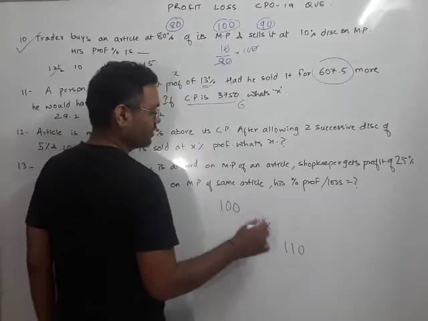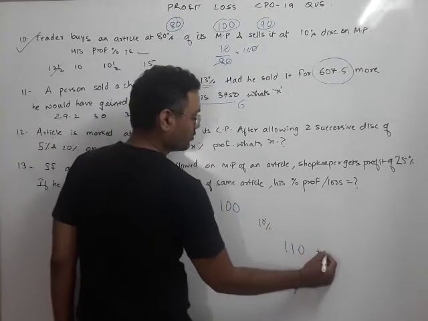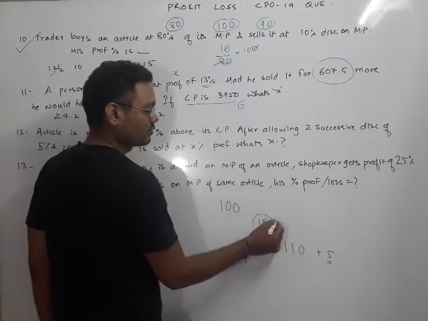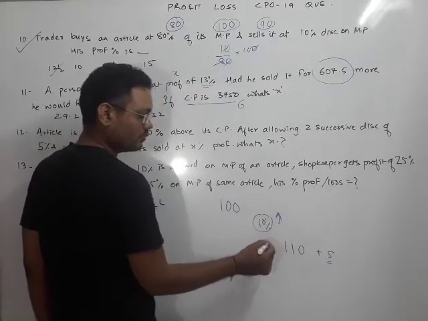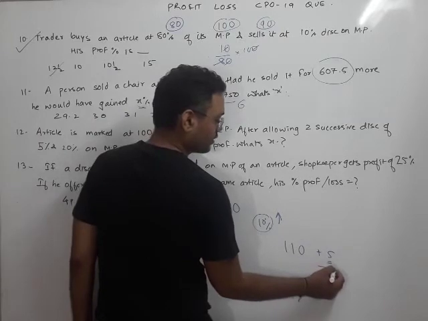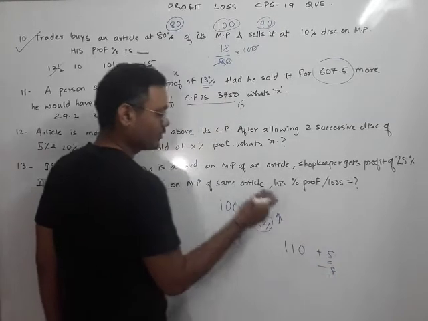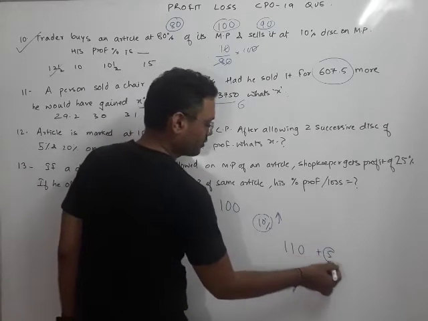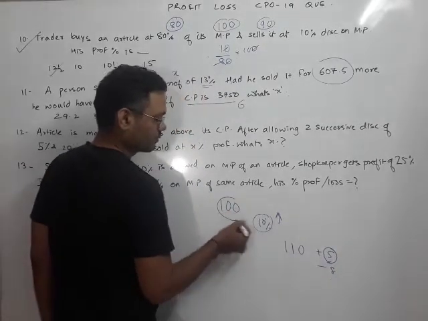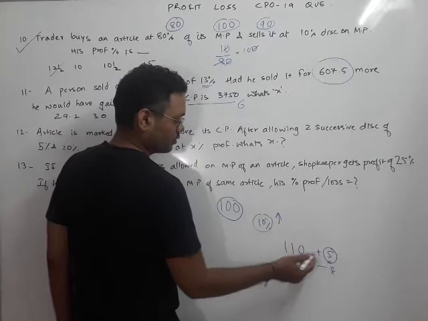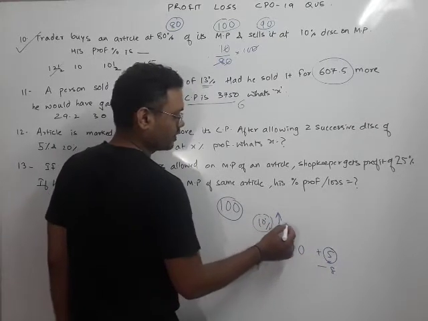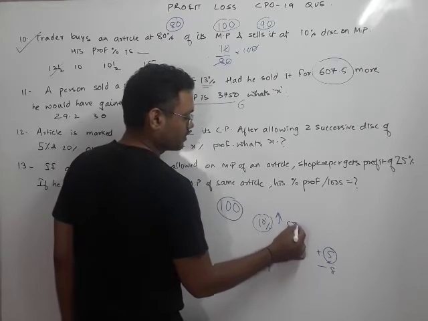Someone is saying if I would have sold it at 5 rupees more, then what would have been an increase in this profit percent? Or if I would have sold it at 8 rupees less, then what would have been a decrease? So it is logical that it is nothing else but you find the percentage of this. So if I am increasing by 5 means it is 5%. So whatever is the increase is the same answer.